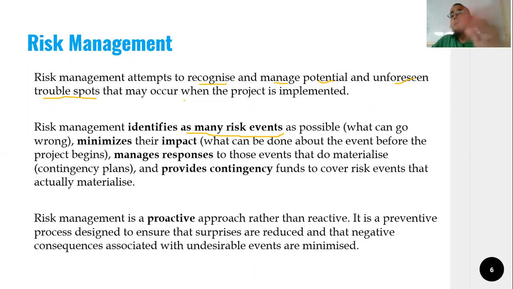These are the points we should discuss with our parents and all the stakeholders relevant to that kind of project as well. And we have to take action to minimize the impact.